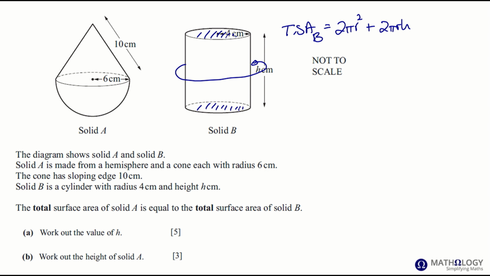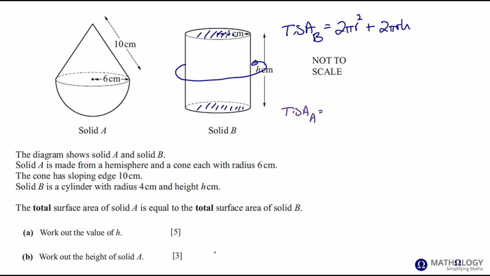Now the total surface area of solid A comprises a hemisphere and a cone. We need to consider the cone and the hemisphere on their own first before we establish a formula for the total surface area of the solid.